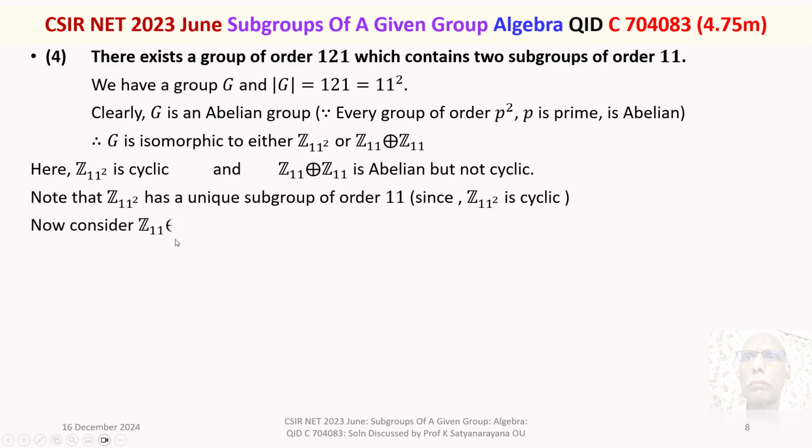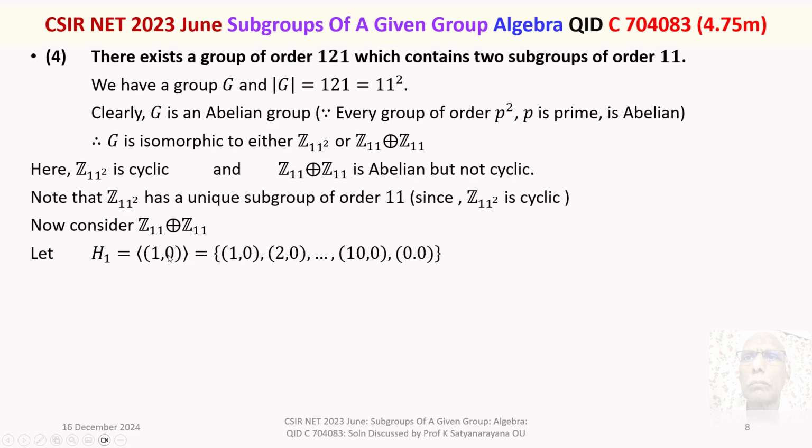Now, consider Z11 ⊕ Z11. In this group, let H1 be the subgroup generated by the element (1, 0) belonging to Z11 ⊕ Z11.